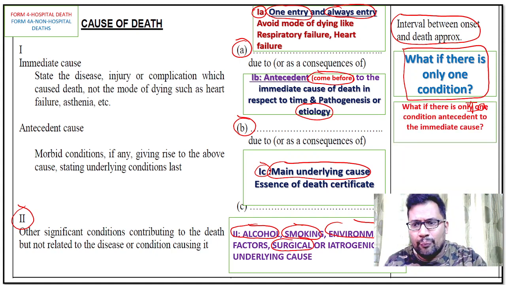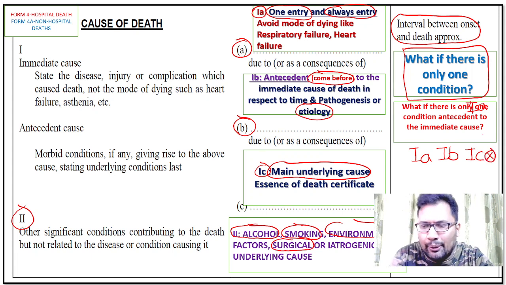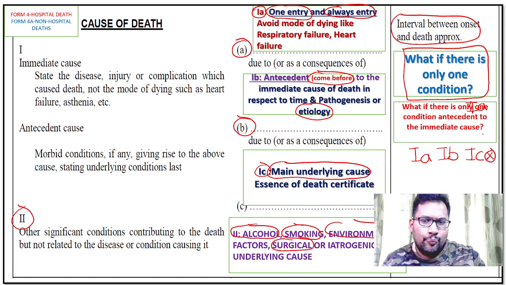One more question. What if there is only one condition antecedent to the immediate cause? Then you can write 1A, and 1B and 1C can be kept blank.